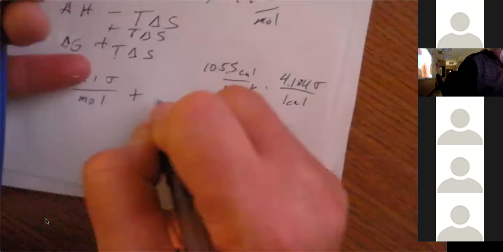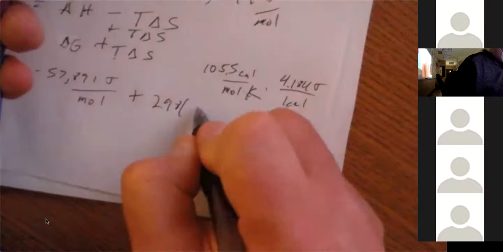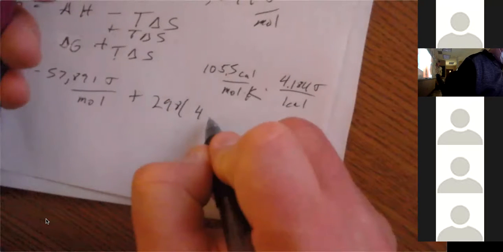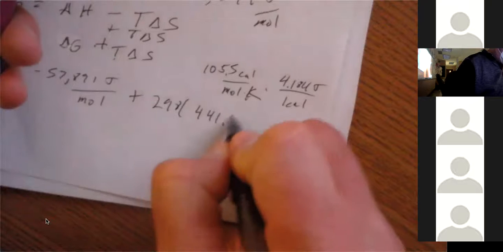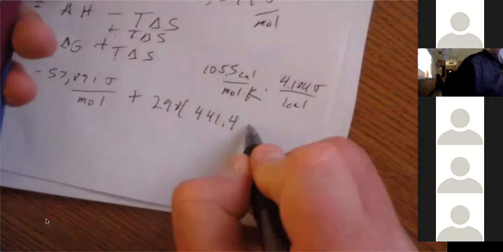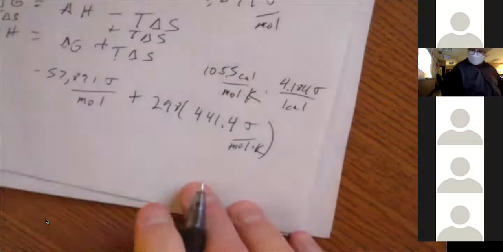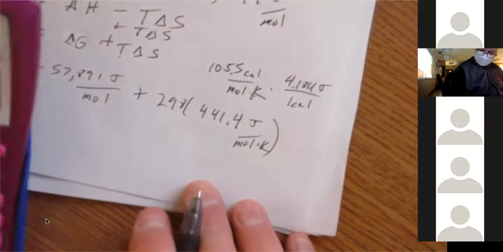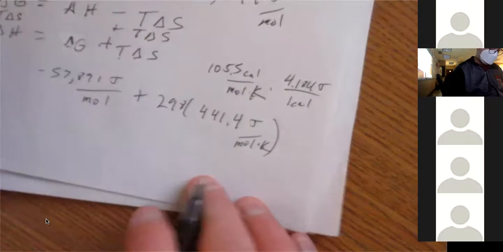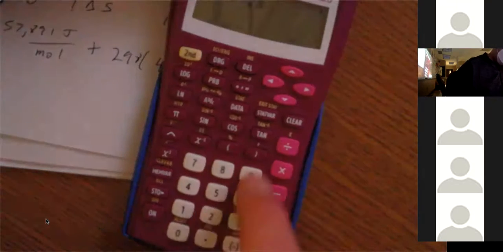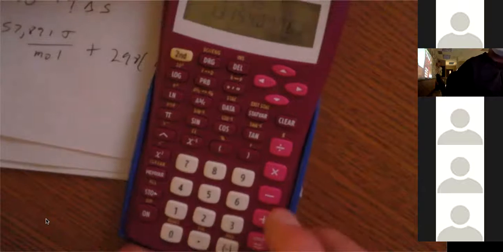So that gives me plus 298 times 441.4 joules per mole Kelvin. We're happy with that? So we're going to then take that and multiply it by 298. Yes.